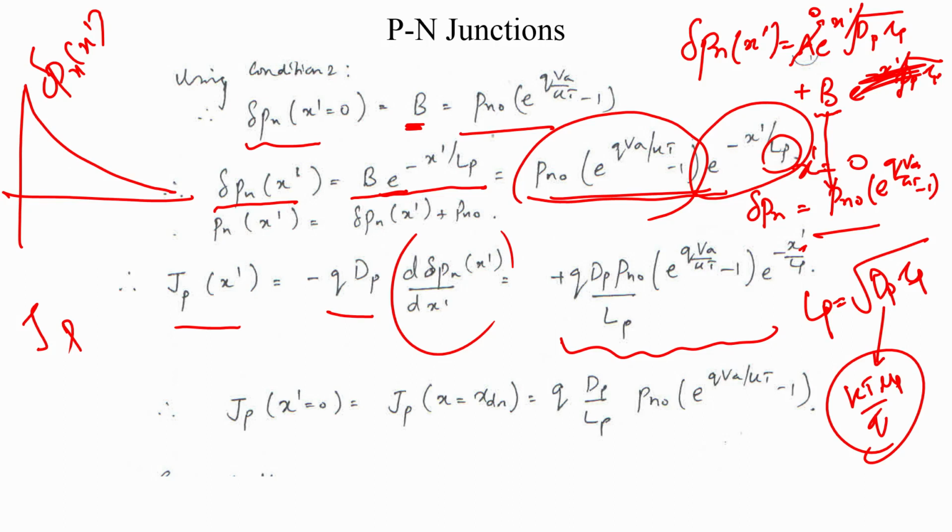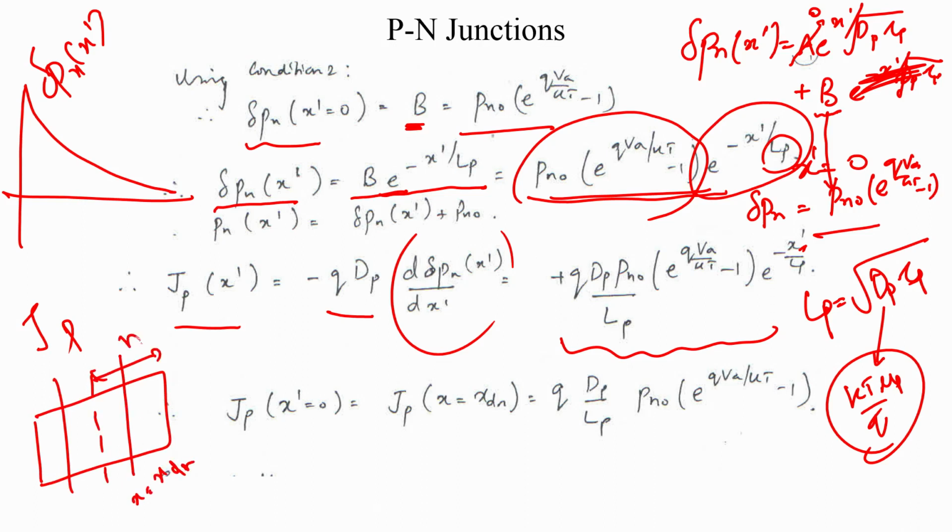What we should be looking at is the easiest way to compute the current in the PN junction. So, if that is the junction, that is the xdn and that is the minus xdp. This is the N side, that is the P side, that is x equal to minus xdp, and that is x equal to xdn or x dash equal to 0.